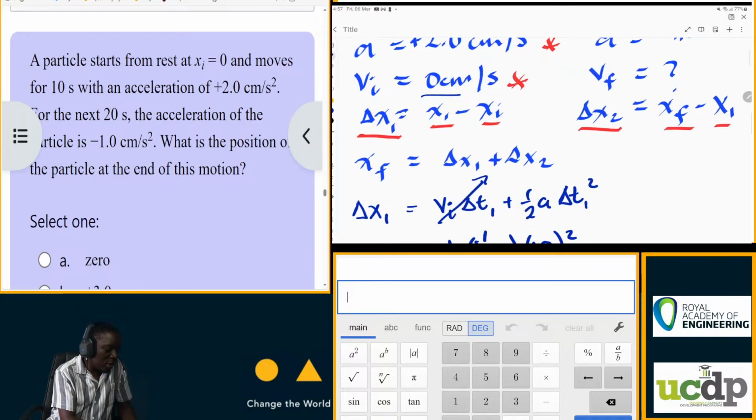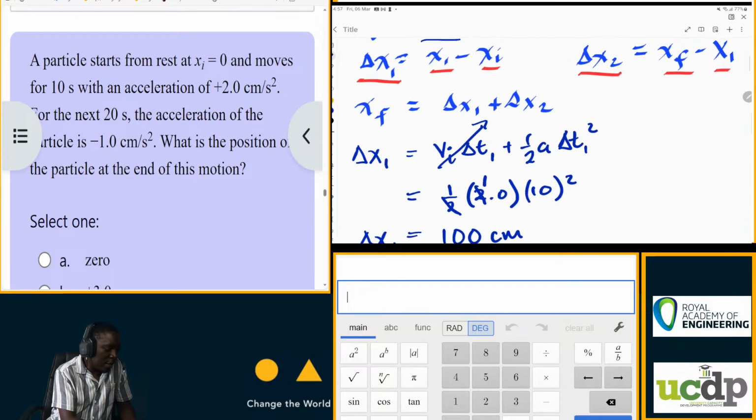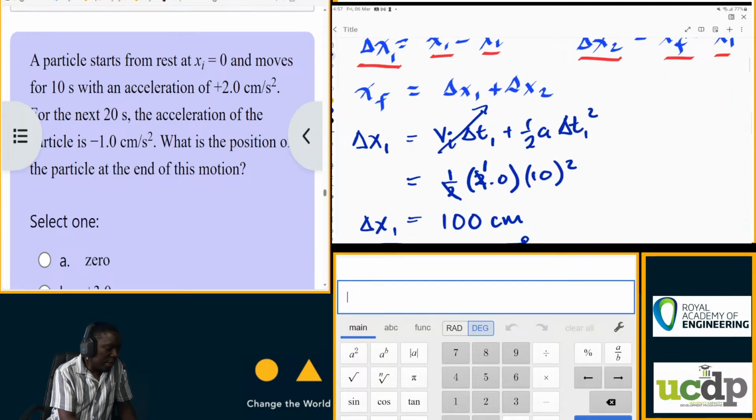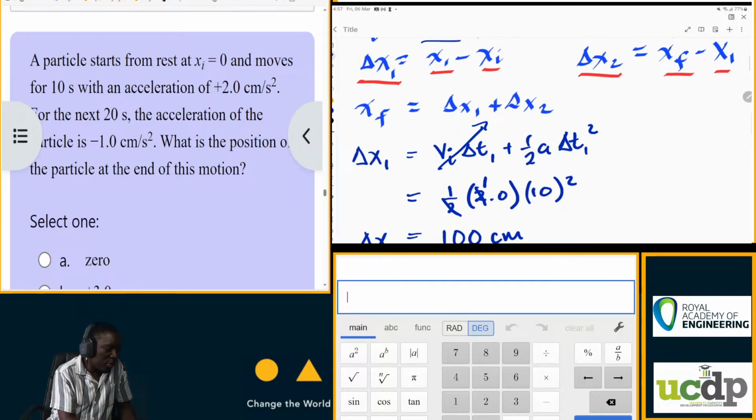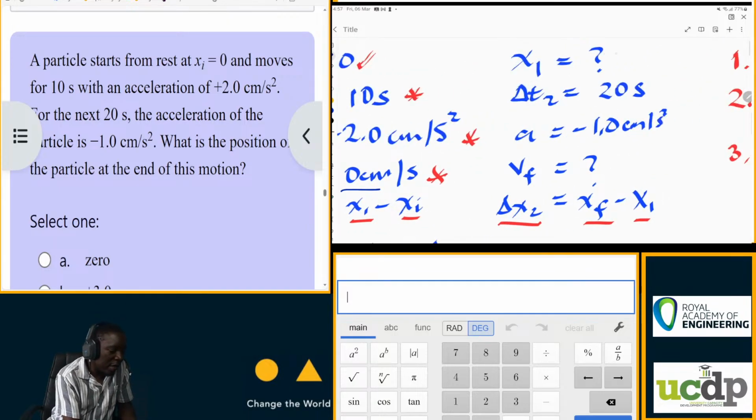We found delta x1 to be 100, so the position x1 is 100 centimeters. So we need to find the position x2.